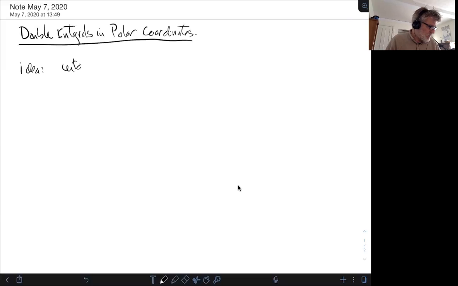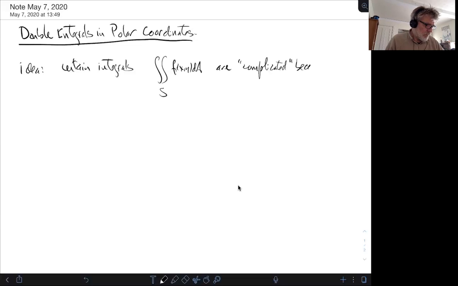So certain double integrals are complicated because of S. Okay, and it turns out that we have a trick to rewrite the double integral if we have a representation of S in polar coordinates, which might make the integral easier.